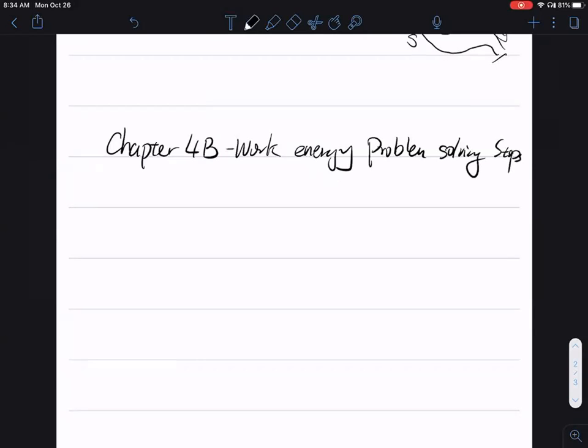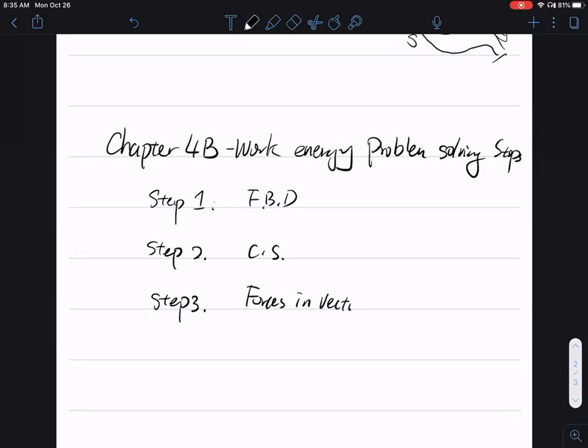Okay, the steps in this section are going to be a little bit long. Remember what we did in section 4A, the 6 steps? So here we have step 1, free body diagram. Step 2, set up coordinate system. Step 3, forces in vector form. Step 4, acceleration in vector form.